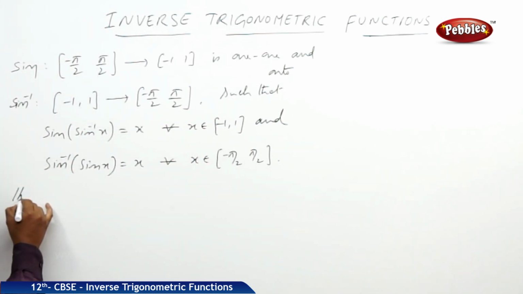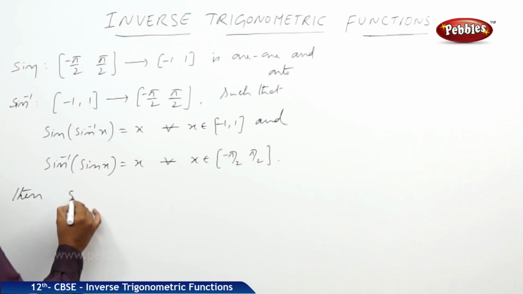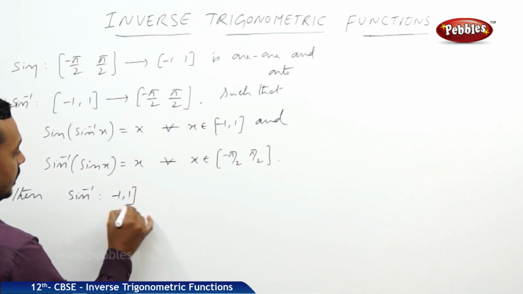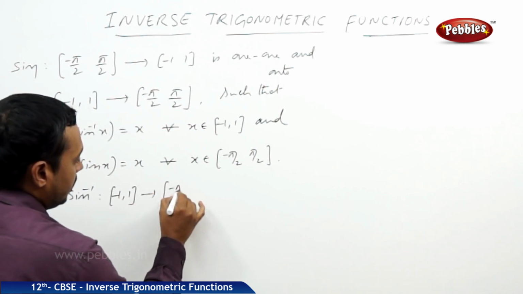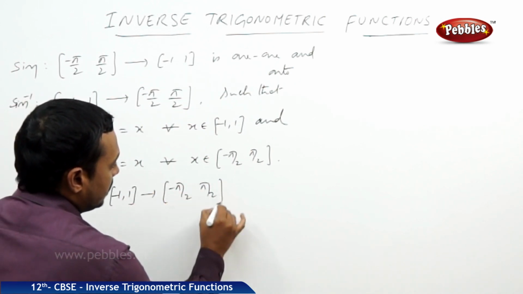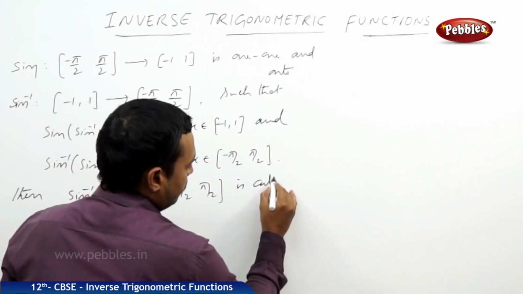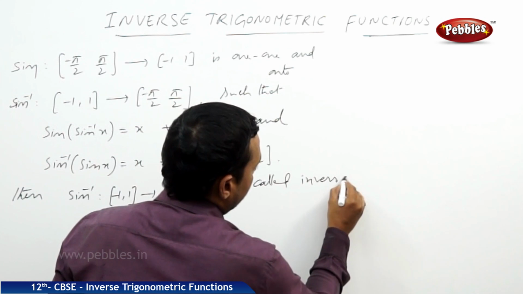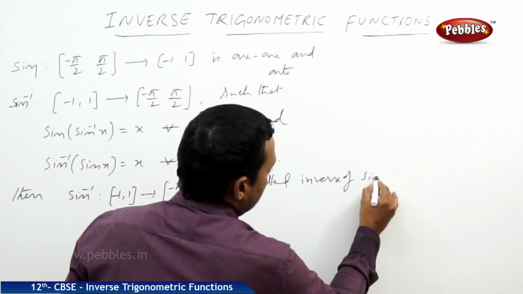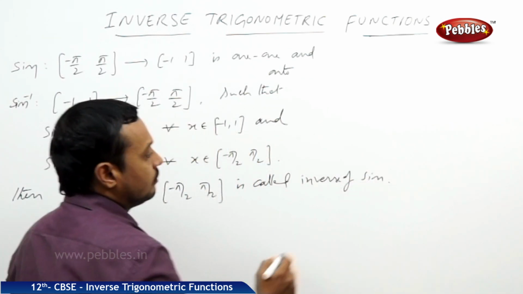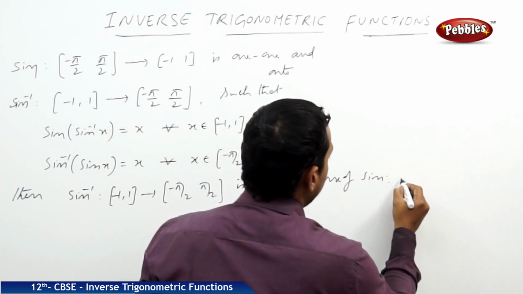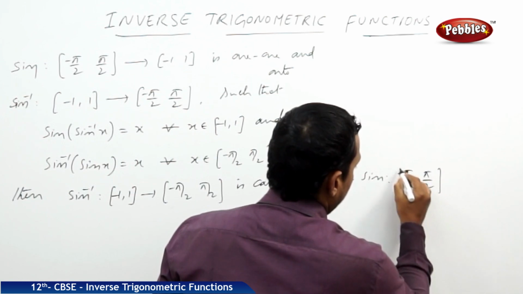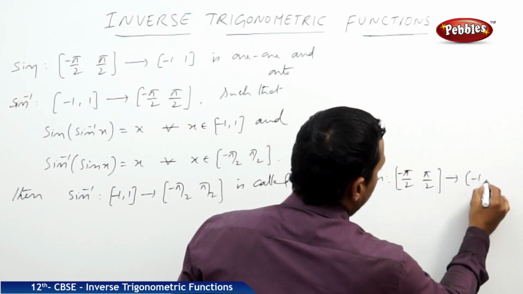Then this function sine inverse from minus 1 to 1 to minus pi by 2, pi by 2 is called the inverse of sine, defined from minus pi by 2, pi by 2 to minus 1 to 1.